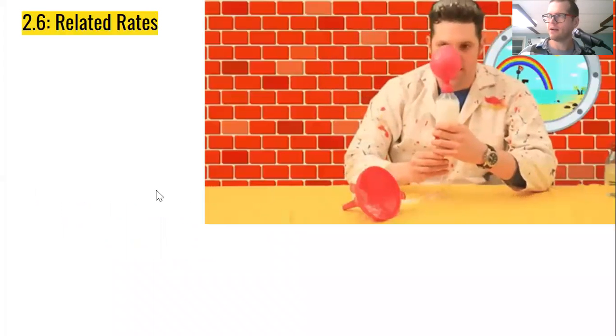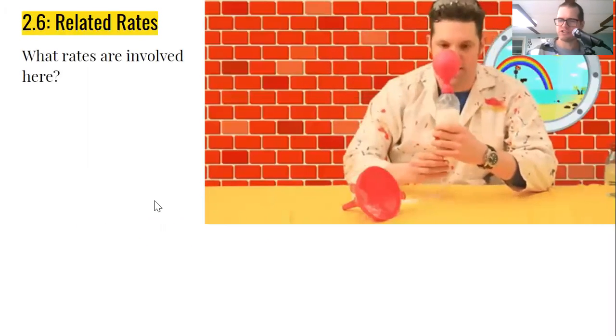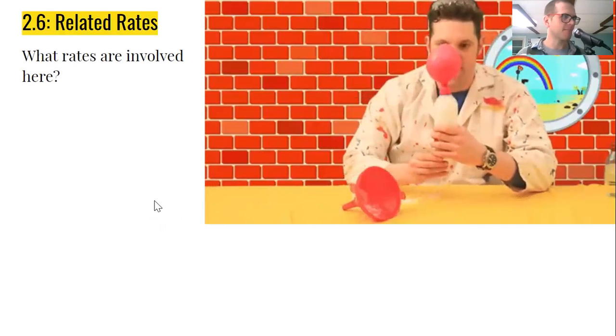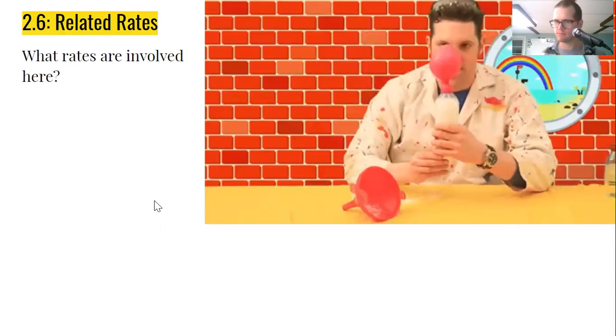So I have a GIF for you. Here's an animated GIF. As you're watching this, I'll just give you 30 seconds to look at it. What rates are involved in this animated GIF? Think about it. I'll give you 30 seconds.